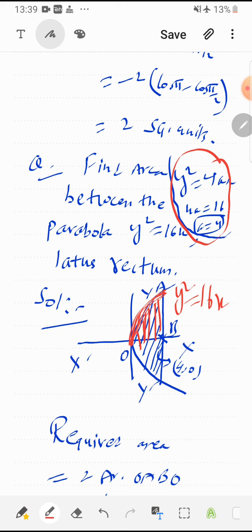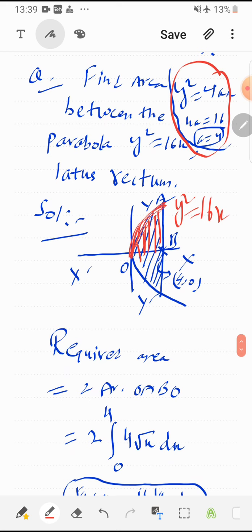So y square is equal to 16x is obviously a right hand parabola. So the latus rectum is passing through 4, 0 and perpendicular to the axis. So the total area is 2 times the area OABO. We have to shade the complete area, but we will declare that the total area is double of ABOA or OABO.